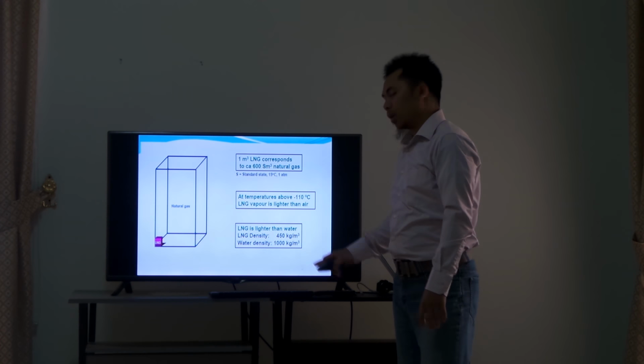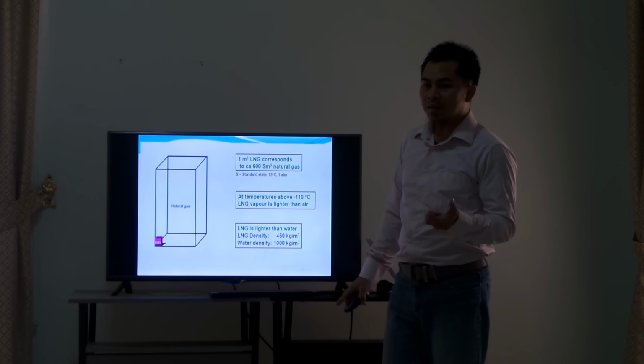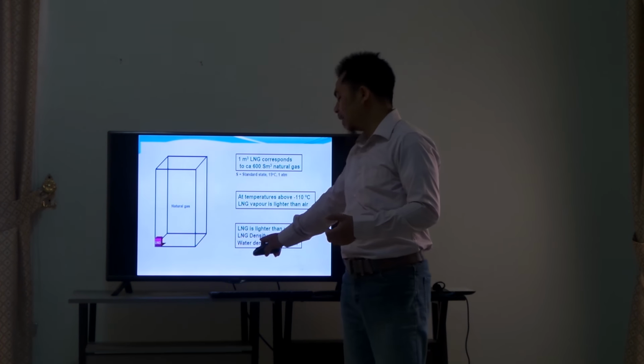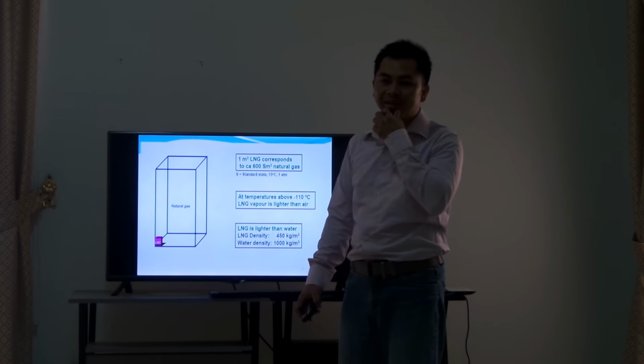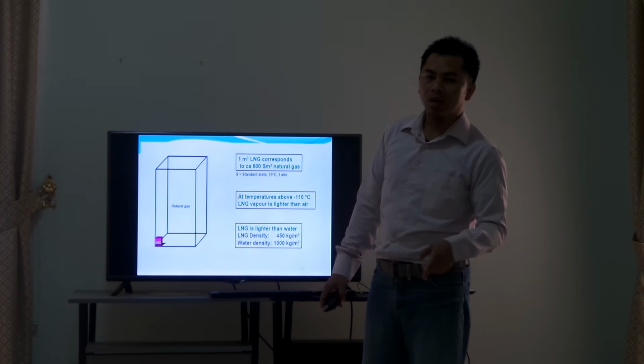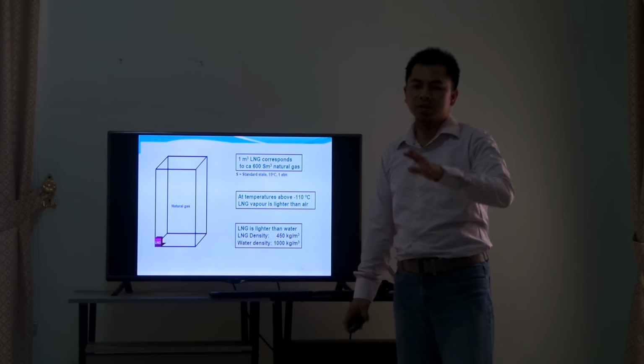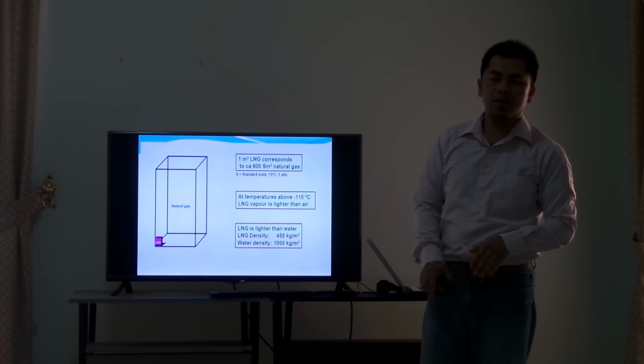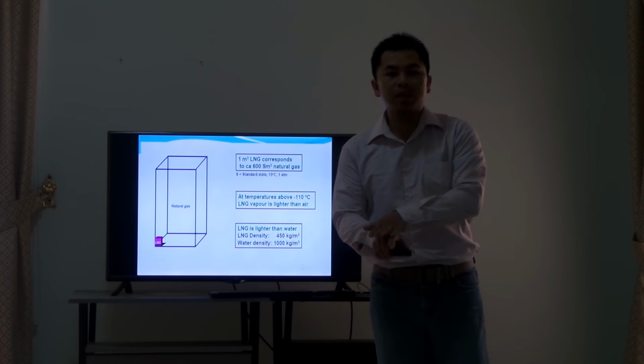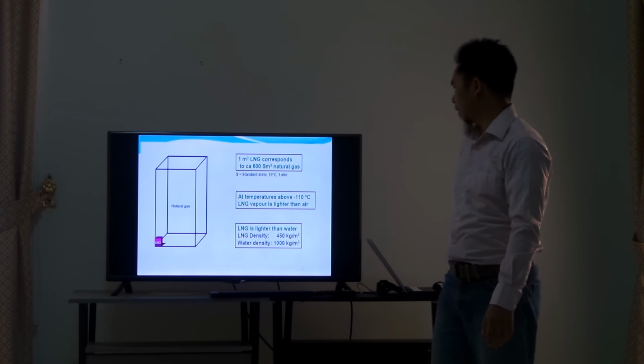LNG is also lighter than water. At -162 degrees, the LNG density is only 450 kg per cubic meter, and for water, 1000 kg per cubic meter. So when you put LNG in water, it will stay on top of the water. Okay?